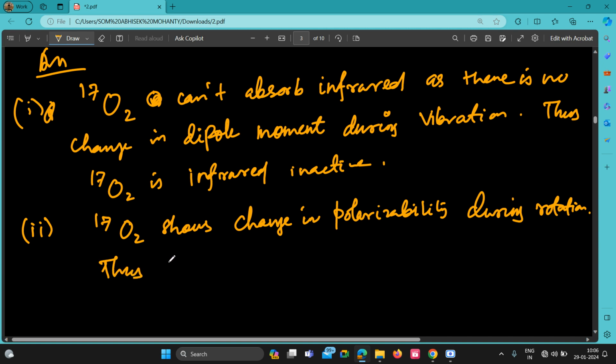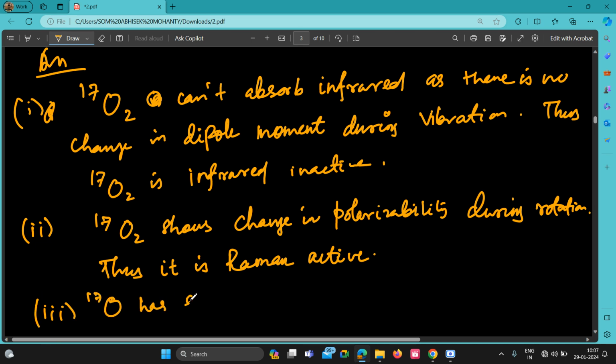If there is change in polarizability, it is Raman active. The third point: oxygen has spin 5 by 2, so it is NMR active.